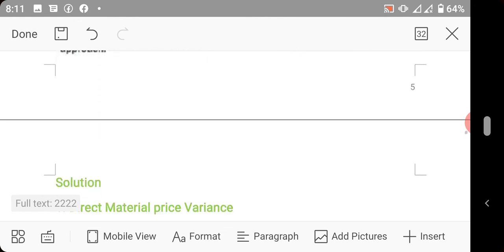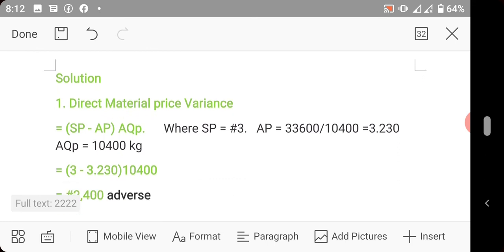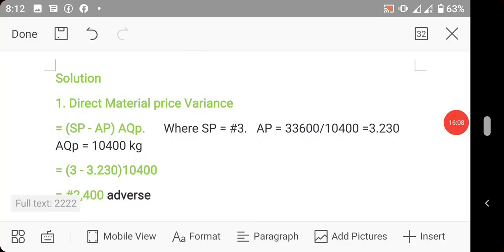So we'll start first by computing price variance. The formula is SP minus AP times AQP. Standard price per material is 3 naira.